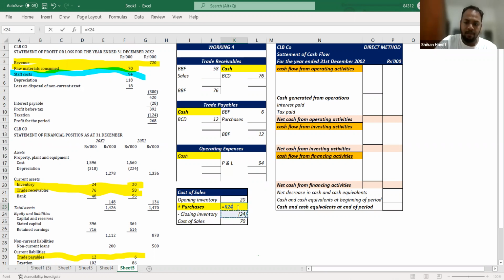So different. It's 74. Purchases 70. So that comes here.